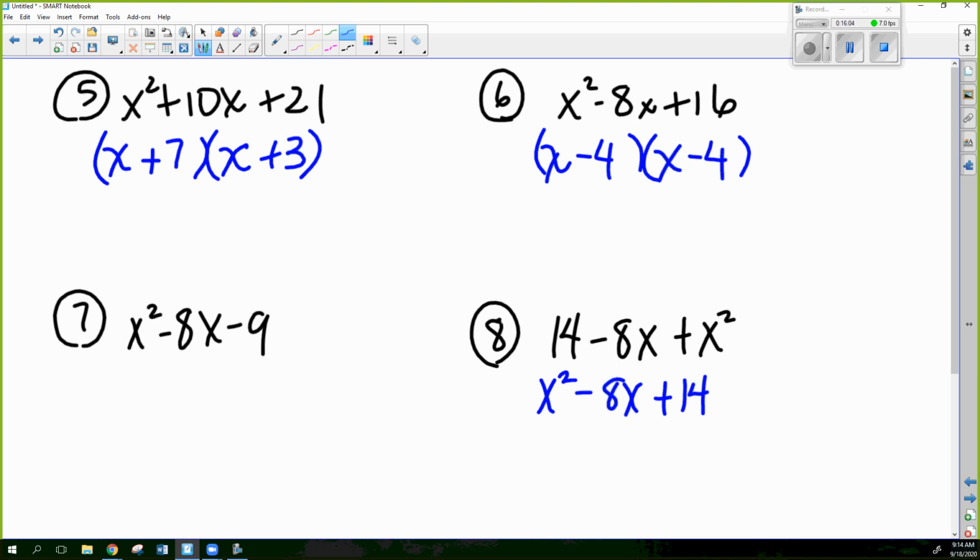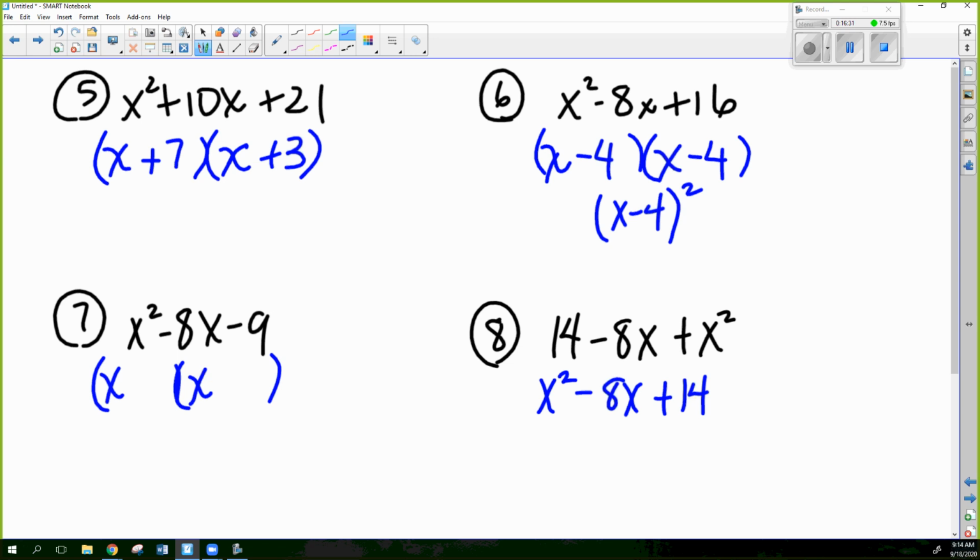Now, what do you notice about those two things? They're the exact same. Can you write something a little bit different if you have something times itself? I can write it once with a square. You don't have to, but it's just an option. Okay? All right, how about number 7?